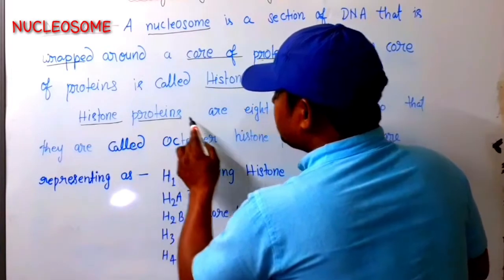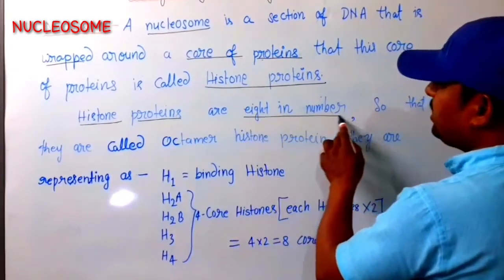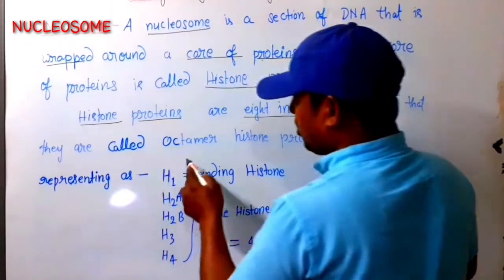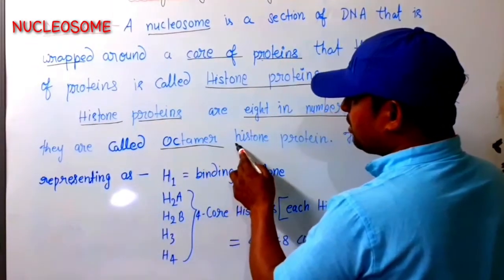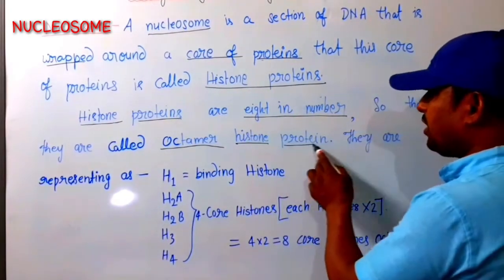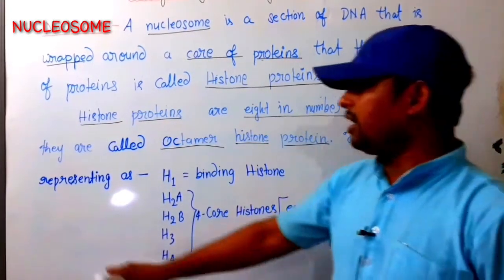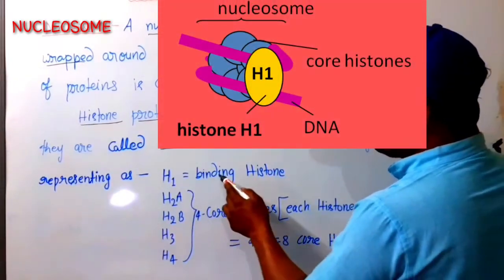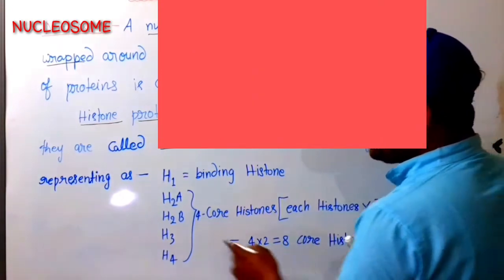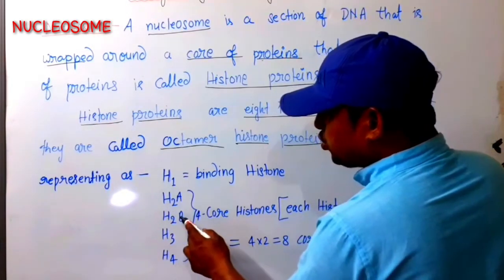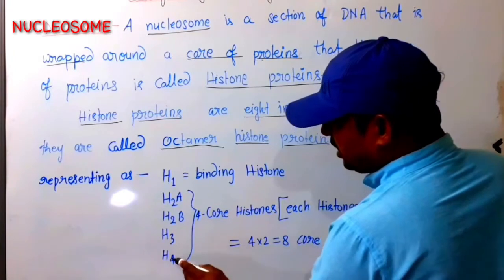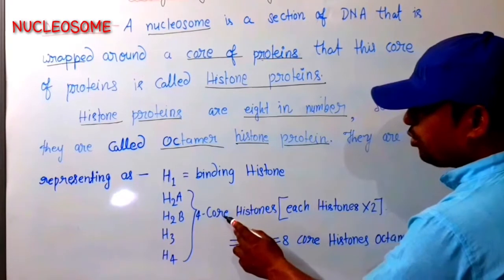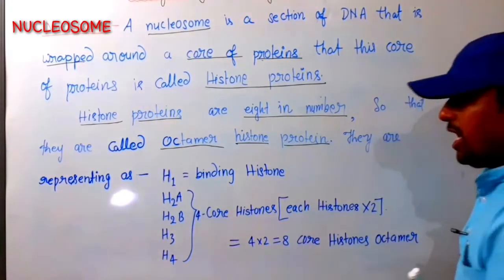Histone proteins are 8 in number, so they are called octamer histone protein. They are represented as H1, called the binding histone, and H2A, H2B, H3, H4, collectively called the 4 core histones.